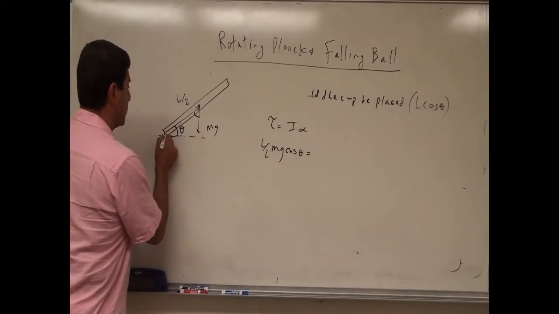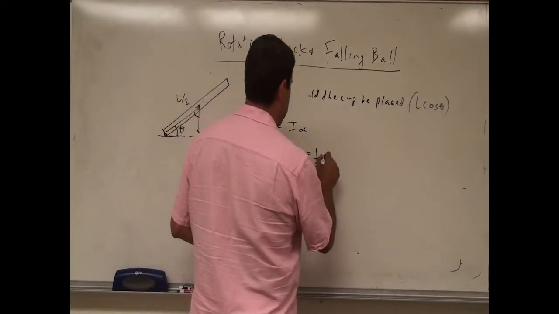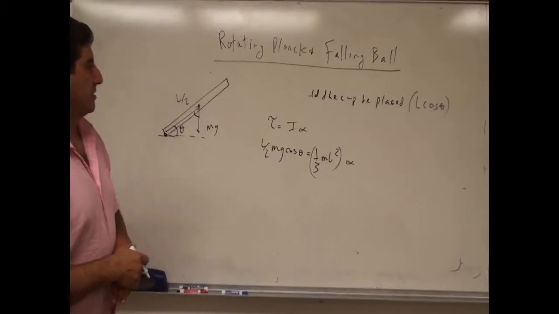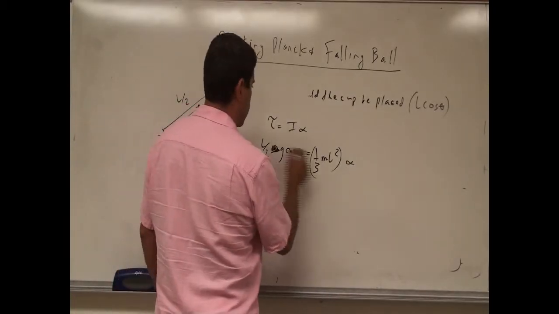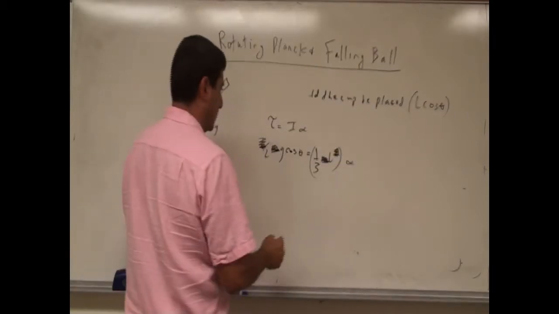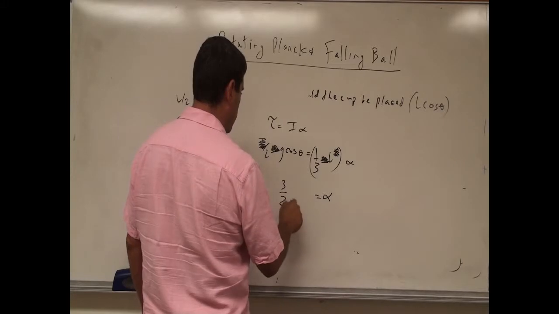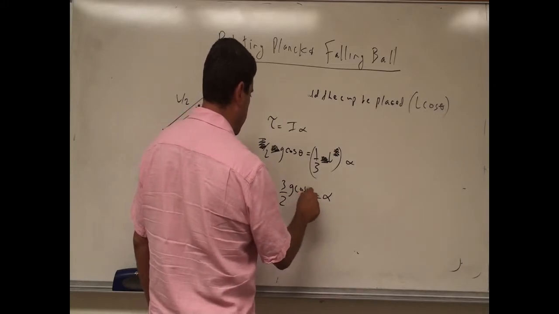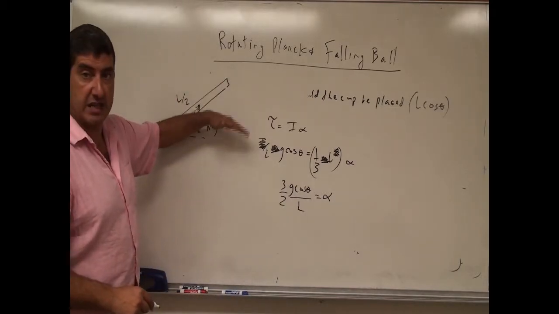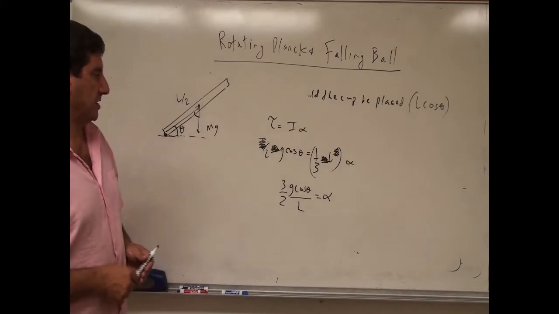Since I'm using the end as my pivot point, it's 1/3 mL squared times alpha. The m cancels the m, the L cancels the L, and alpha comes out to 3 over 2 g cosine theta over L. So all points of the object will have the same angular acceleration, alpha equals 3 over 2 g cosine theta over L.